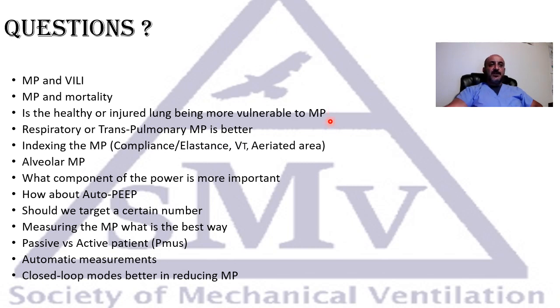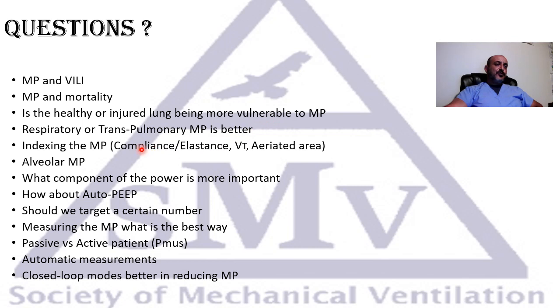Another theory is no, maybe the already injured lung is more vulnerable. Again, those are from some animal studies, so we need to clarify this a little bit. The assumption is that in a healthy person with a healthy respiratory system, say post-operative or neurological problems or airway protection, you wouldn't need very high mechanical power to ventilate him.